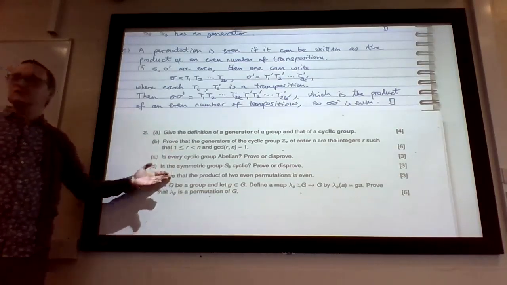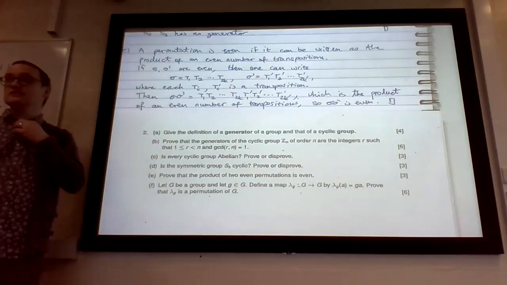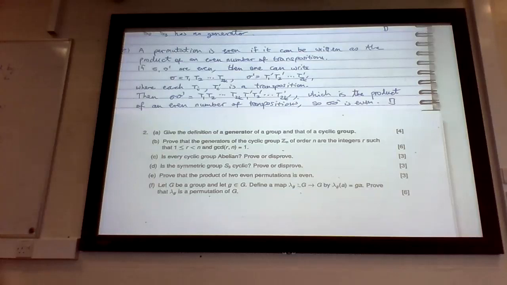So really, you should start this question with putting down what the definition of even is, just to fully assure the marker that you know it, and also to get it front and center in front of your own eyes, so that you can then build the argument on it. So just quoting the definition, a permutation is even if it can be written as the product of an even number of transpositions, cycles of length 2.